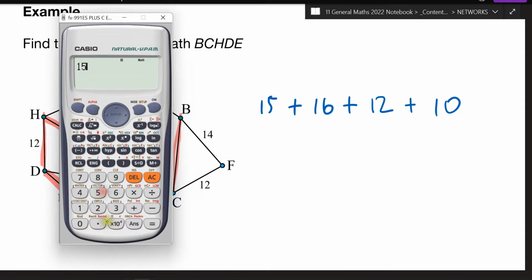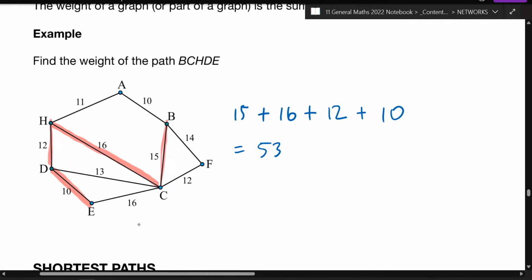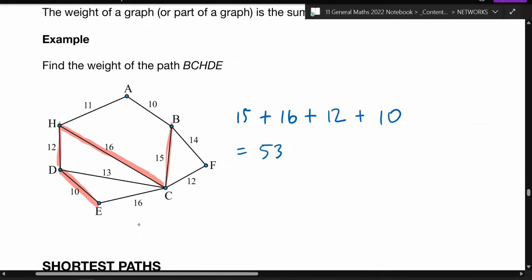Remember, we haven't really used our CAS much for this topic because you don't really need it; you can use your normal calculator. But you can use your CAS to do your Eulerian formula stuff, or the formulas. But that's basically what you're doing when you're adding the weight for a certain path.